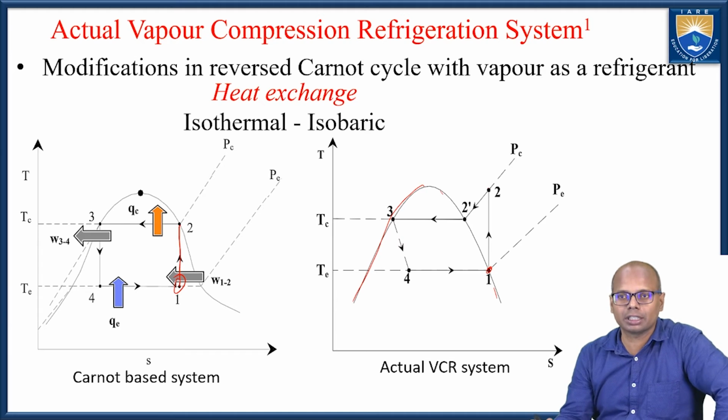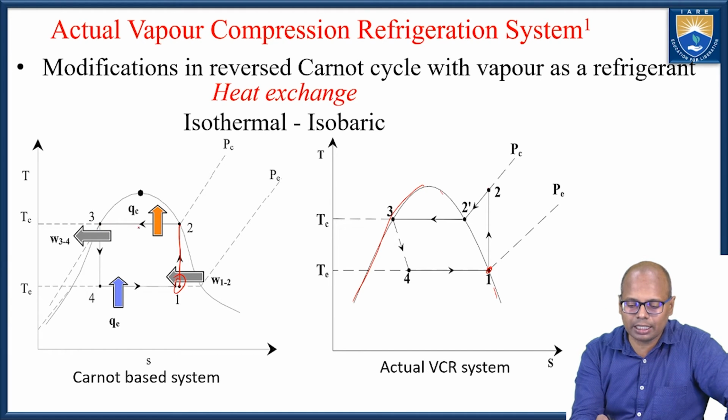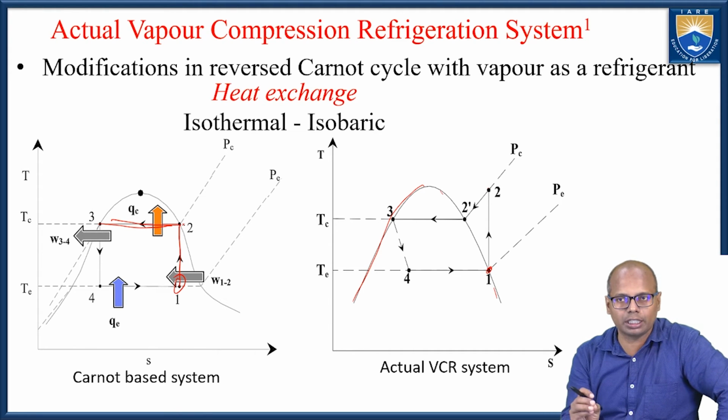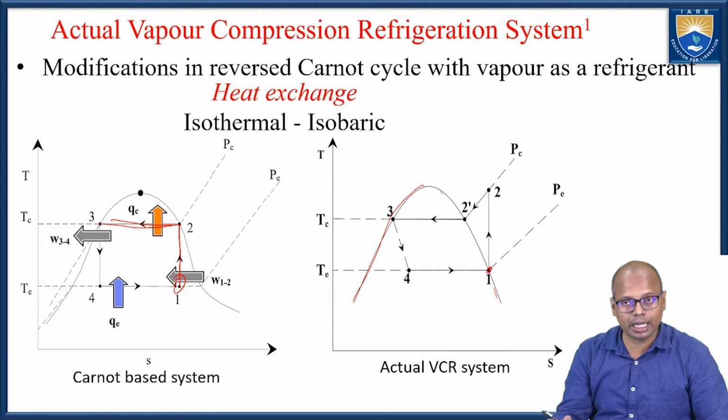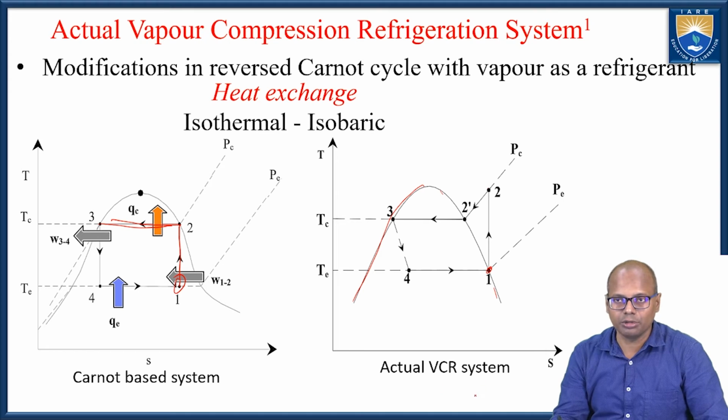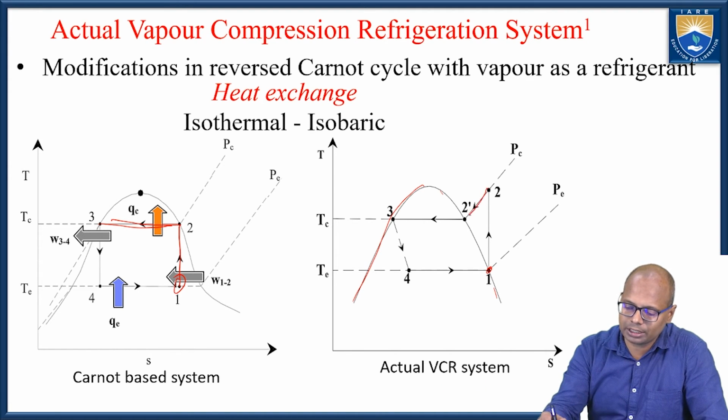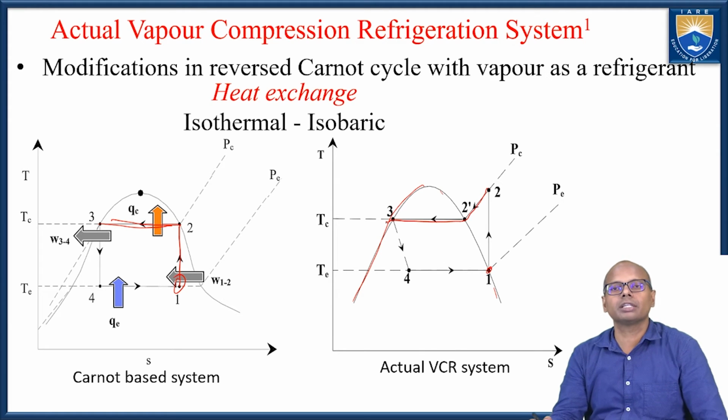Now what is the deviation here? If I see the condenser temperature in the ideal or Carnot cycle, it is constant. Now if I see the actual vapor compression system, what is happening in the condenser is that the temperature is changing but the pressure is remaining constant.